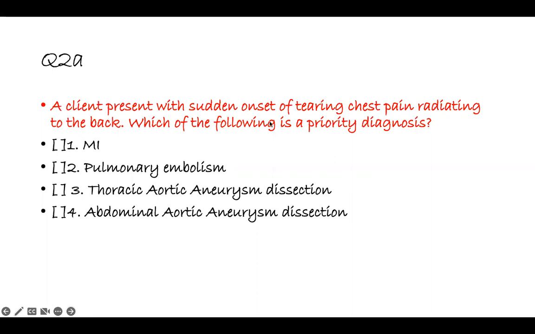A client presents with a sudden onset of tearing chest pain radiating to the back. Which of the following is a priority diagnosis? So I'm giving you questions so that you can think about it and make a diagnosis. You have to make a diagnosis sometimes, and that will help you answer questions. We talked about it.